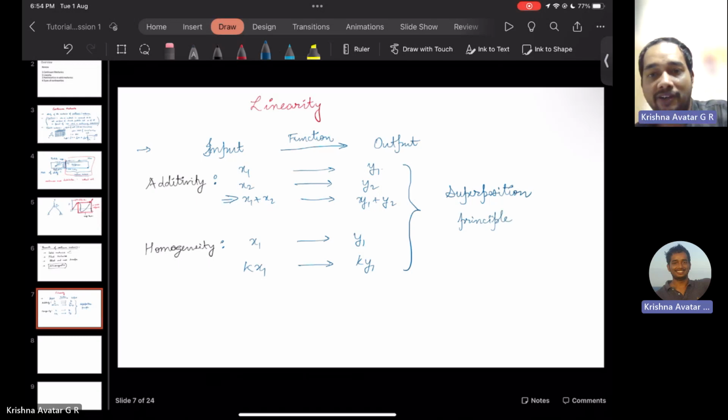Now, the superposition principle says that for a linear system, and here we can say function or system, because ultimately it's a system which takes an input and gives an output, if a linear system is provided with various inputs, then the output will also be a sum of the corresponding outputs for every individual input.